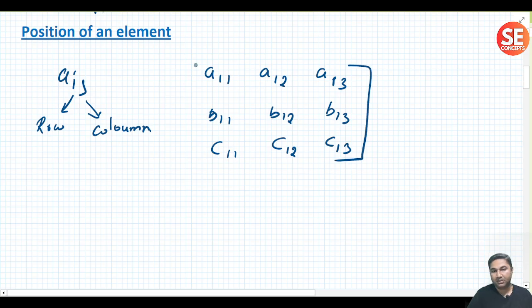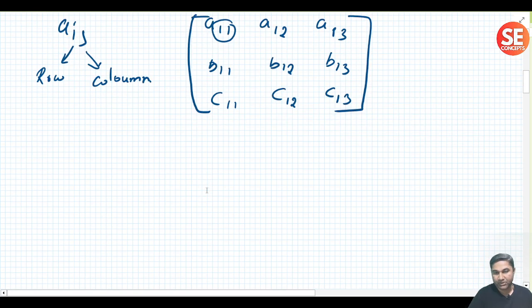These numbers tell about the position of that number, the A or anything. We will not write position every time, we will just write numbers. This is very important: the position of the element, or position of the number.